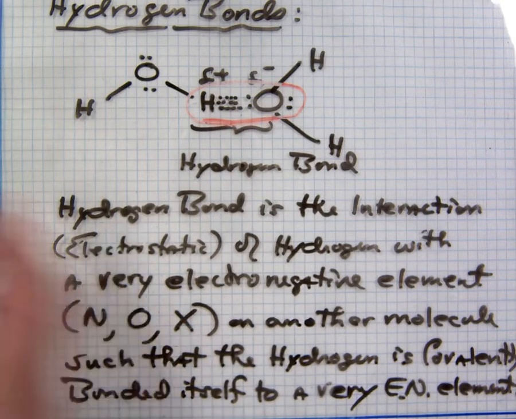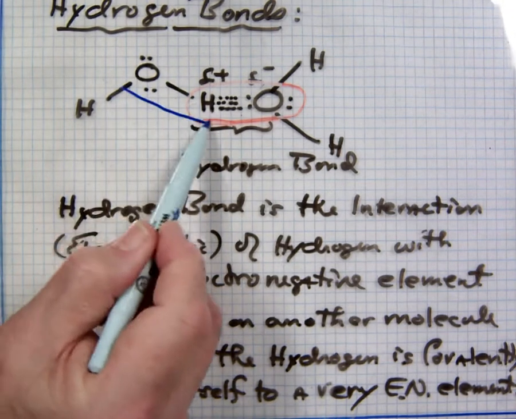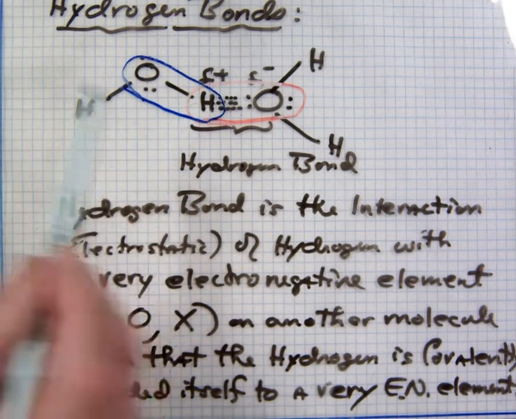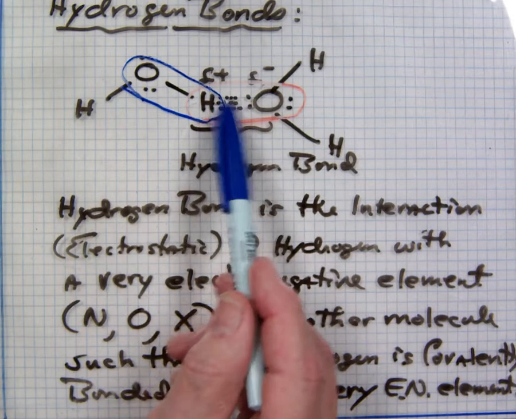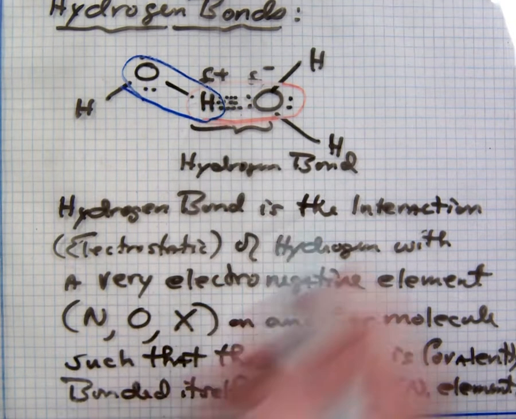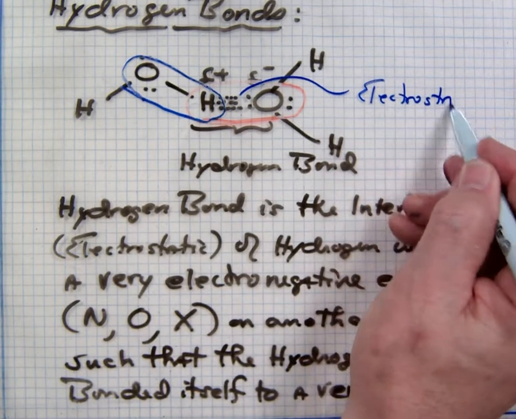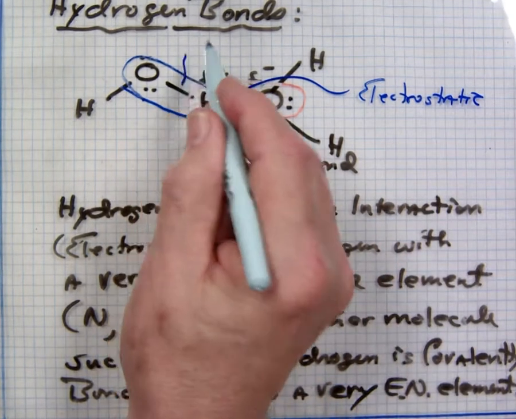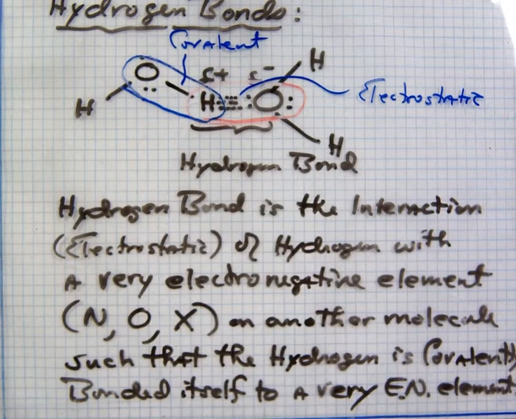But the hydrogen must also be covalently bonded to a highly electronegative element in the interaction. So you have the electrostatic interaction here, and this one is the covalent. So without those two, you do not have a hydrogen bond.